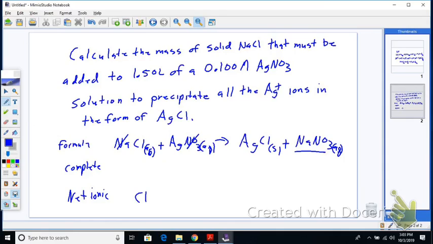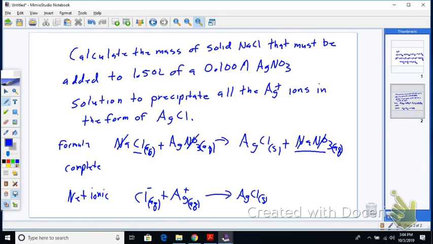I'll show that middle step, but if you notice, I can maybe skip that step in the future because I'm seeing things a little bit more clearly after I've done a couple of these. And I know the solid is the only thing I need to show in the net ionic. If I notice that the Na and the NO3 cancel, those two are spectator ions.